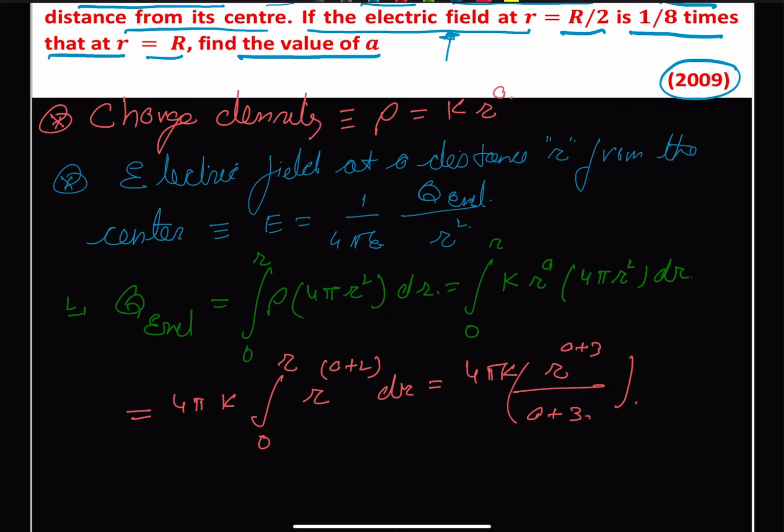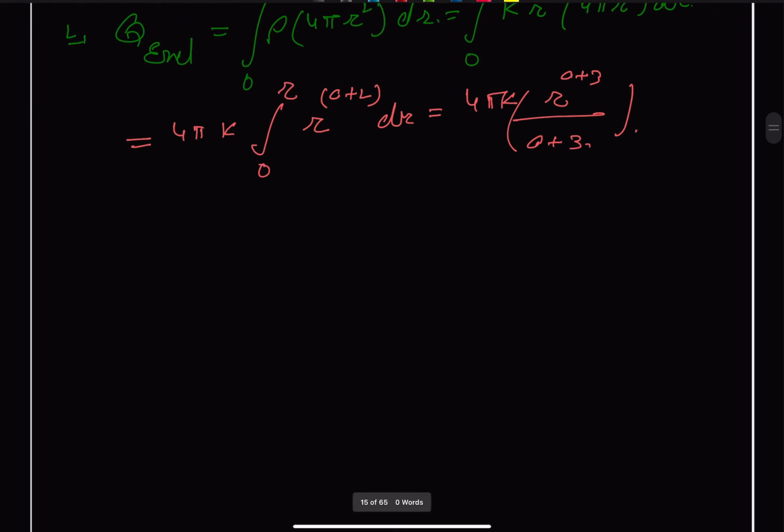Now we can easily calculate our electric field. So we can say that E will be equal to 1 upon 4 pi epsilon naught. Charge enclosed we just found out is 4 pi k times r raised to power a plus 3 divided by a plus 3.